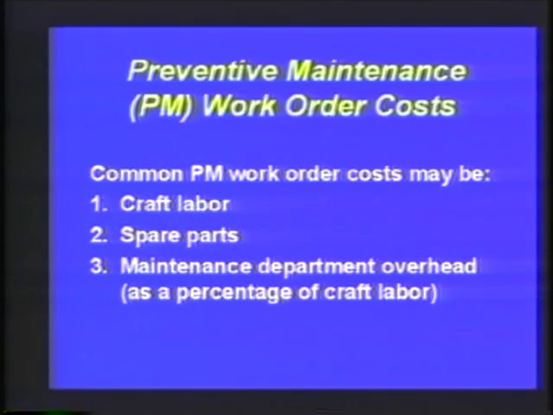And on page number 3 of this section, I have listed for you the various cost elements that would go into an overhead account. The overhead account is distributed as a percentage of each craft labor hour.